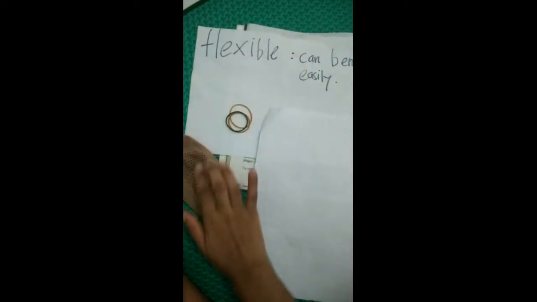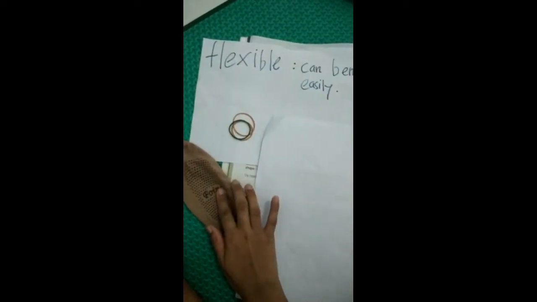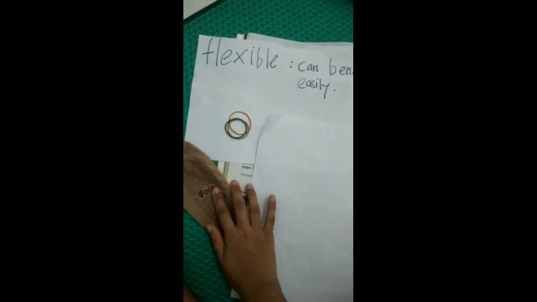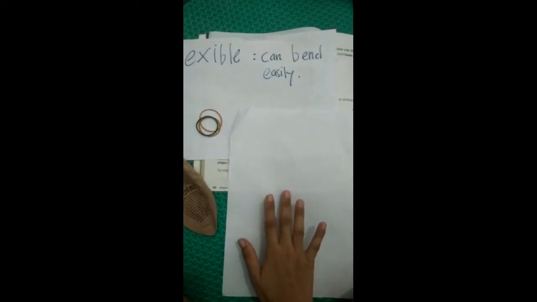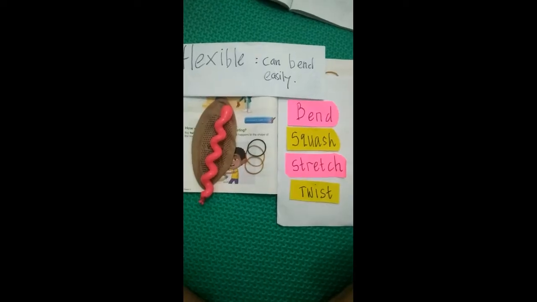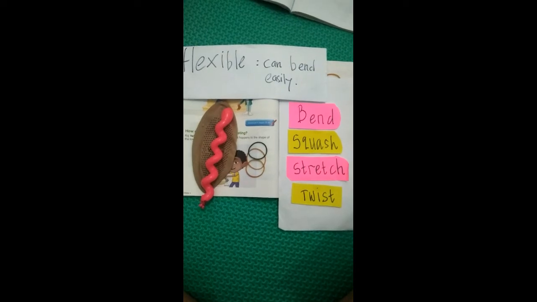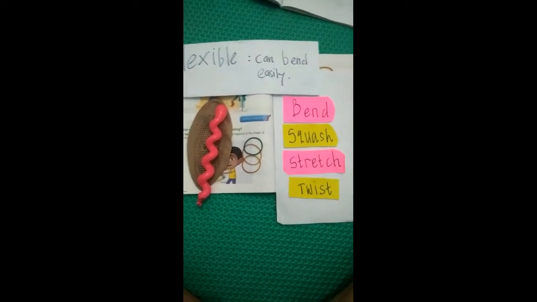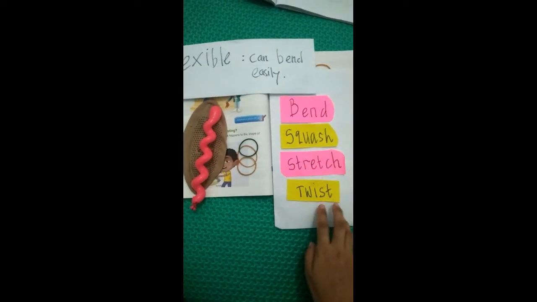We can stretch them, and when we stop stretching the rubber band and sock, they go back to their original shape. But how about this paper? This paper is not flexible. Hopefully this short video can help everyone understand bend, squeeze, stretch, and twist.